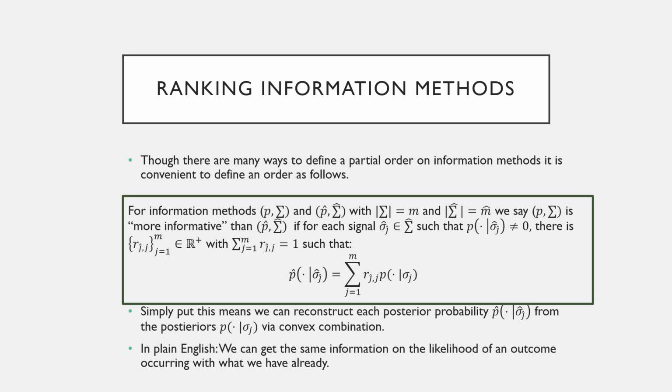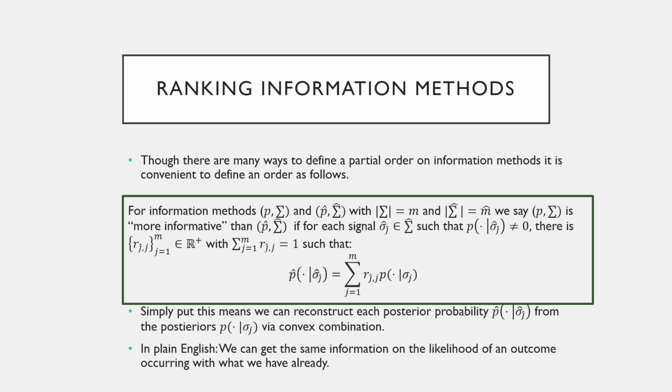We say that our first information pairing is going to be more informative than our second information pairing, such that for each signal that we see in our second information pairing, P as a function of a particular signal sigma hat that we draw from our second information pairing is going to be non-zero.